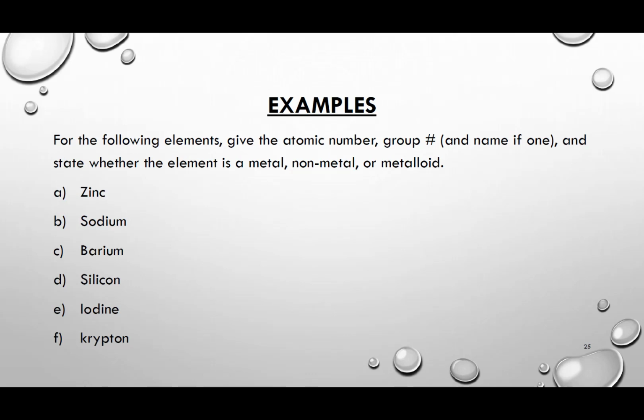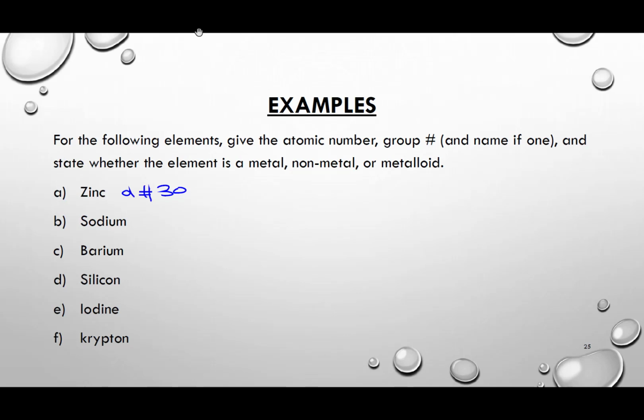Look at zinc. Zinc, its atomic number, I call it A number, is 30. Then if you look at the periodic table, it is a transition metal. That's where the zinc is.